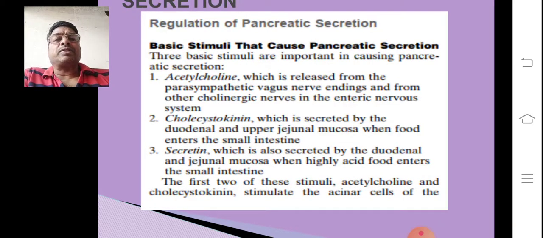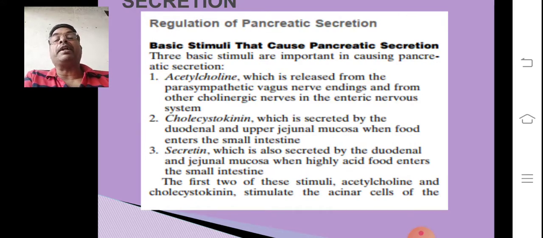Regulation of pancreatic secretion. There are three basic stimuli that are important in causing pancreatic secretion. First, acetylcholine. Second, cholecystokinin. And third, secretin. Acetylcholine is released from the parasympathetic vagus nerve endings and from other cholinergic nerves in the enteric nervous system.